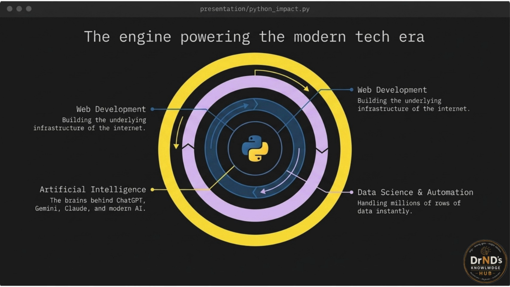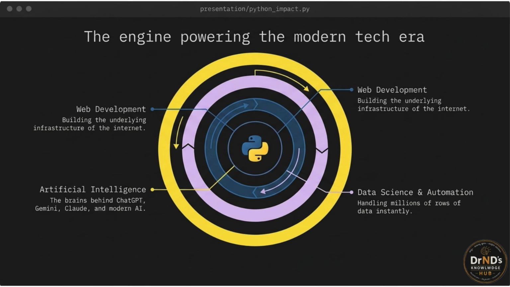In the field of artificial intelligence, Python has become the language of choice for creating intelligent systems, including tools like ChatGPT, Gemini, and many modern AI applications. Python is also widely used in data science and automation, where it can analyze massive amounts of data and automate repetitive tasks with just a few lines of code. This versatility is the reason millions of students, researchers, and professionals choose Python as their first programming language.